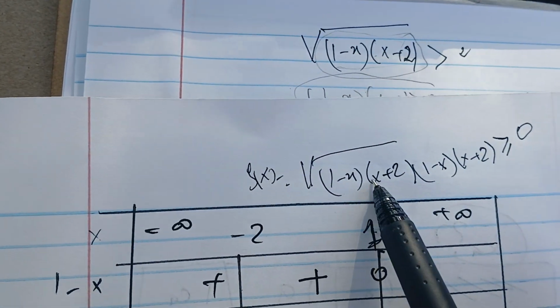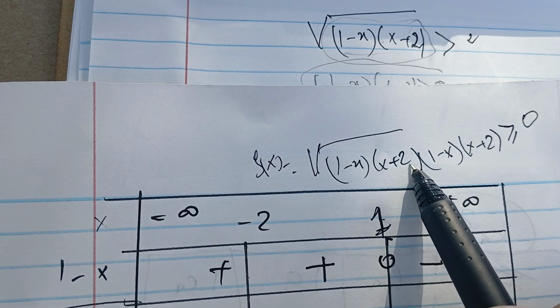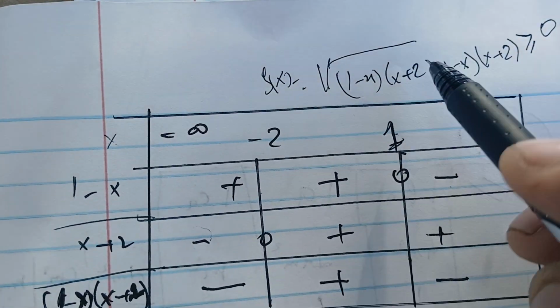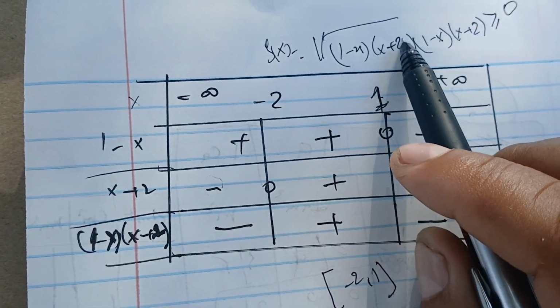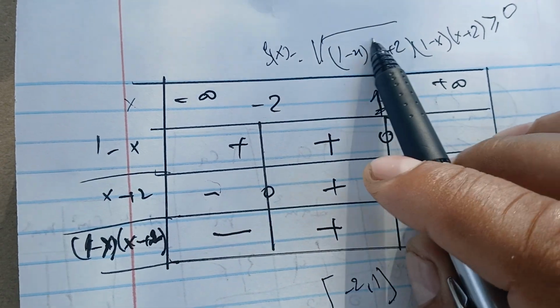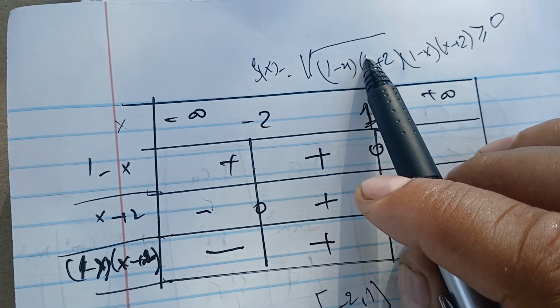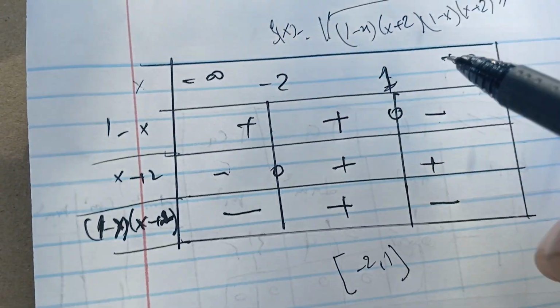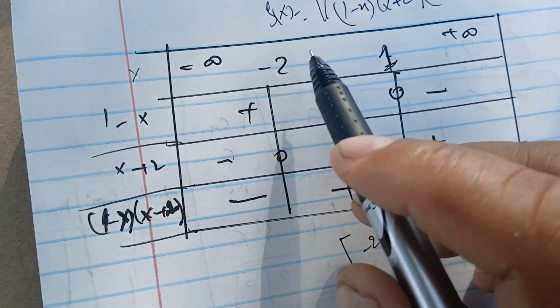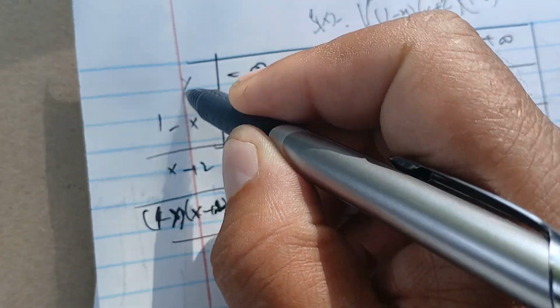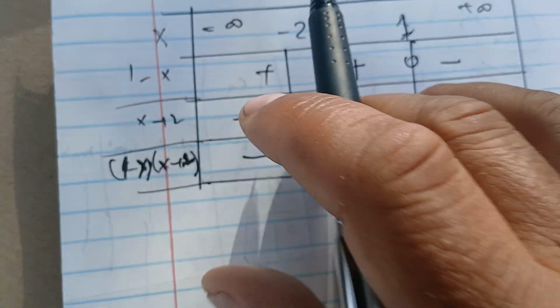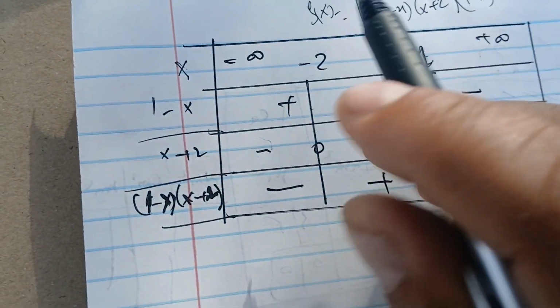Think of this as a function, (1 minus x) times (x plus 2), and we want to find what interval makes this bigger than 0. So we make a small table. In the first row we have the values for x, which can take any value between minus infinity and plus infinity.